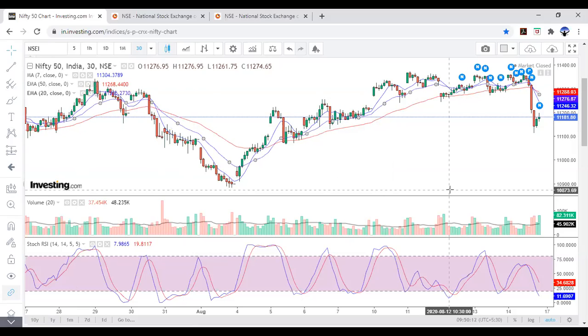If you are an investor and only want to invest, then the moving average is sufficient for making the decision.